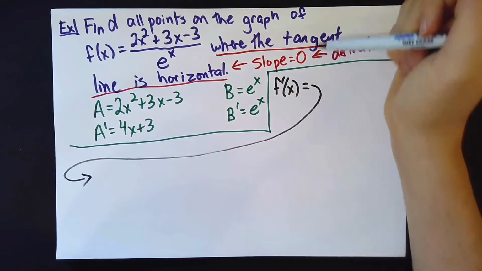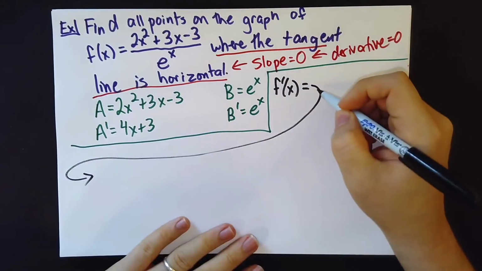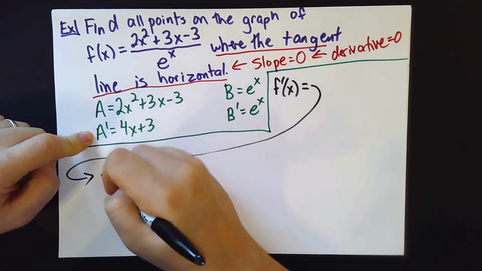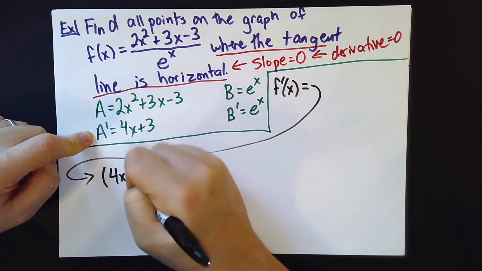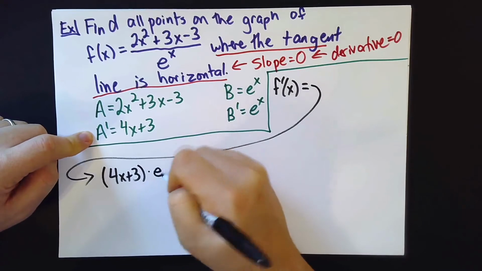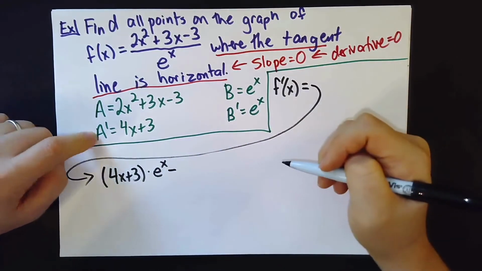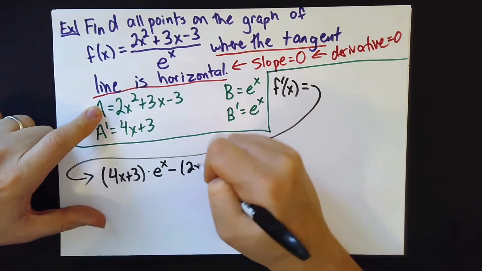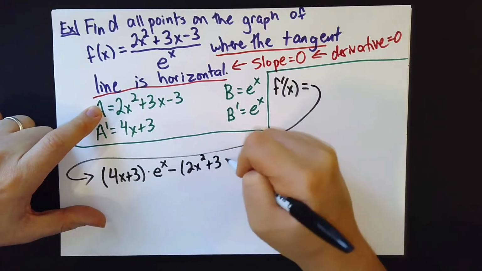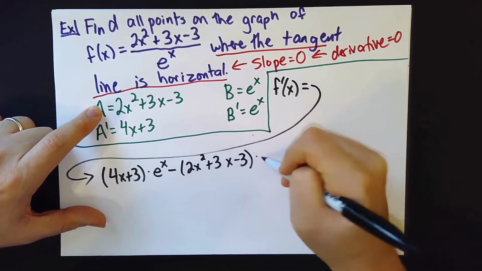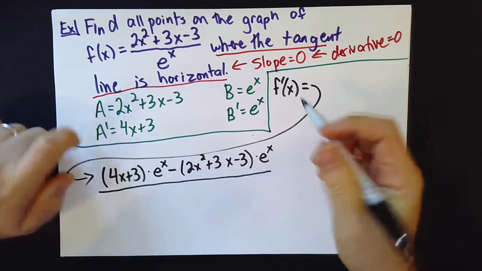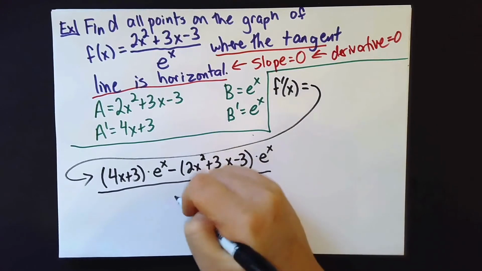Via the magic of the quotient rule, we have that f prime of x is equal to a prime b minus ab prime, all divided by e to the x squared.